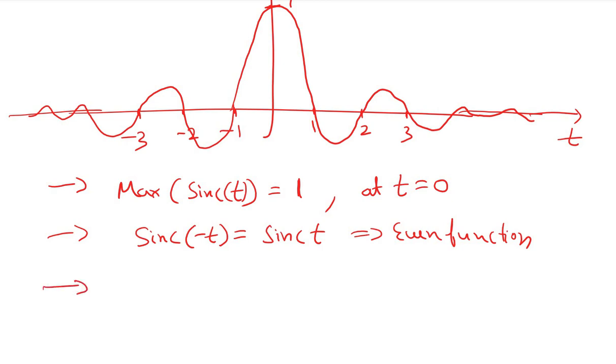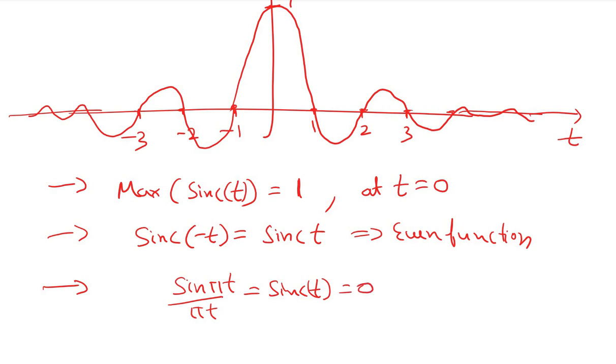Further, we can see that the sinc function crosses the time axis, or has value 0, at integer values. You can also derive it mathematically: sine pi t upon pi t, which is nothing but sinc t, equal to 0.